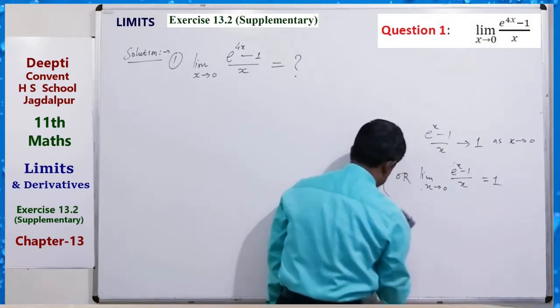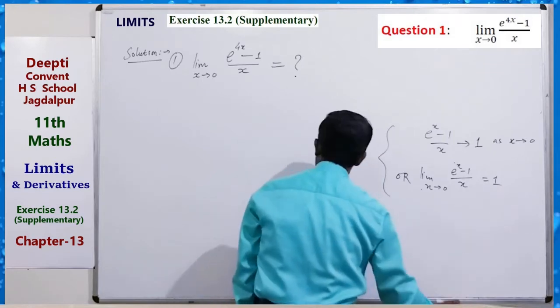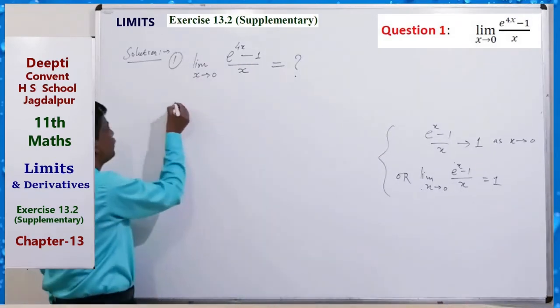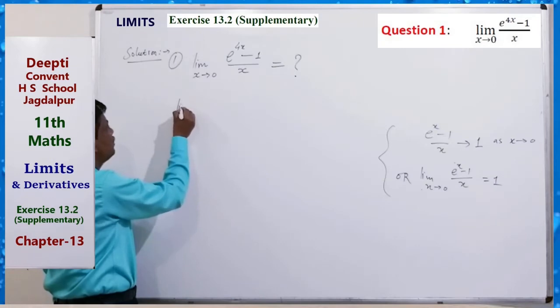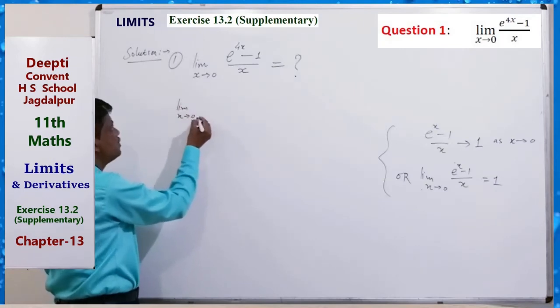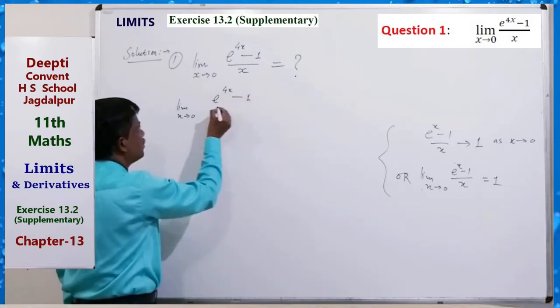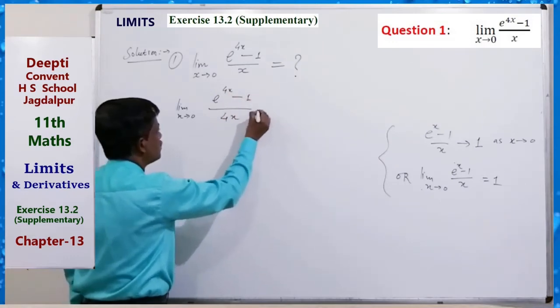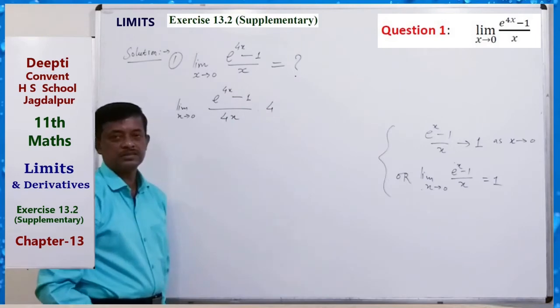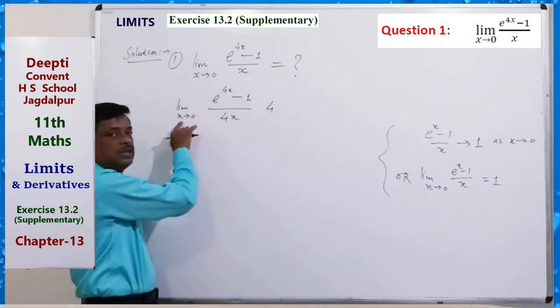Okay. So here, limit x tending to 0 of (e to the power 4x minus 1) upon 4x into 4. We can write like this. So 4x, 4x, here only x.